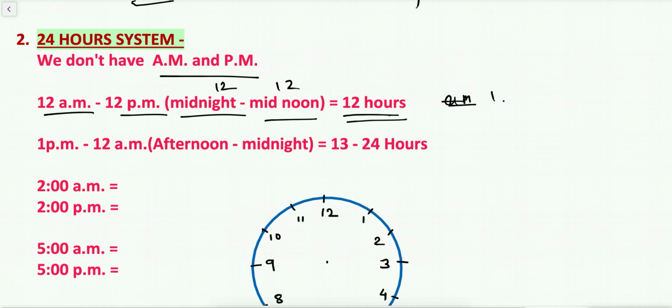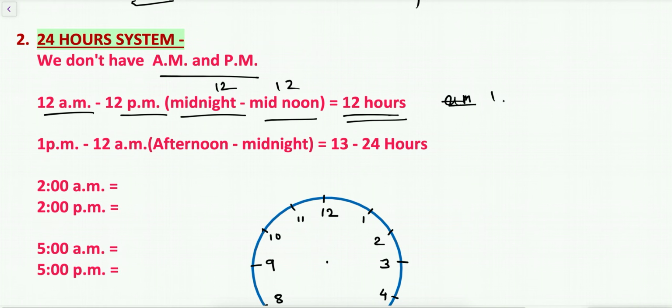So 12 plus 4 is 16, so that is 16:35 hour. Generally the time slots of flights, airports, railways, and buses are based on this 24-hour system to avoid the confusion of AM and PM.